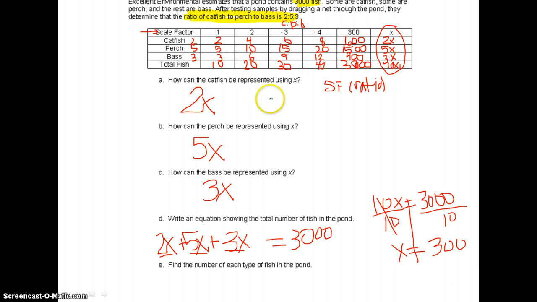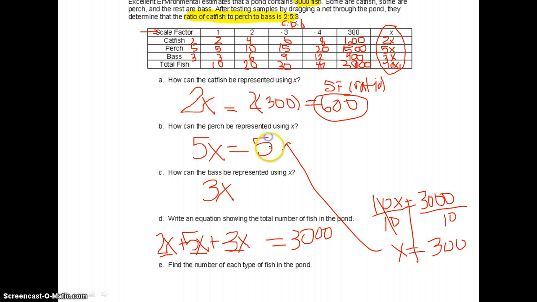Now, does that mean each type is 300? No, remember we have to go back and plug them in. So the catfish is 2 times x. We have found x to be 300, so we're going to plug that back in. So I'll have 2 times 300, which is going to give me 600. So I have a total of 600 catfish. Then I'm going to do the 5x.